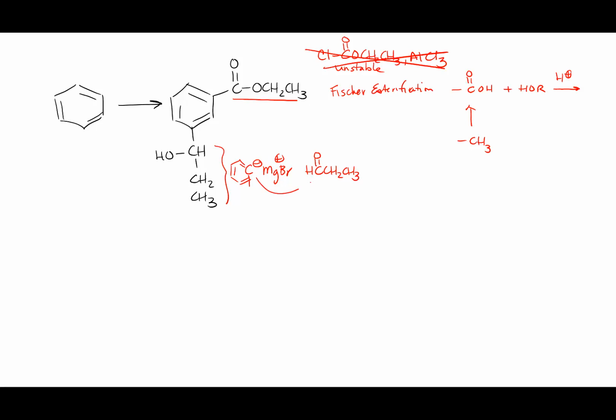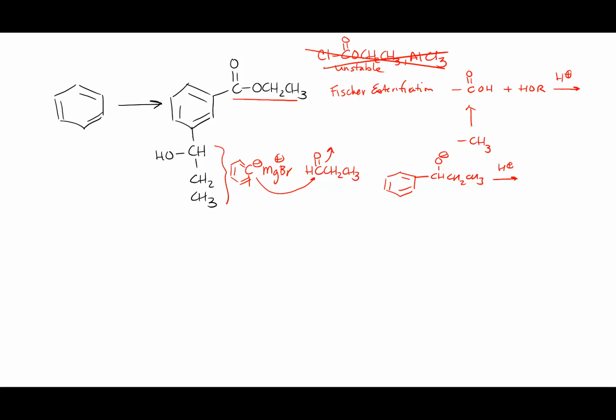It would come in, attack that carbon, and so what would I end up adding? I'd end up having a benzene ring attached to a CH with an O minus on top, a CH2CH3, so that then I could add my H plus to make the final product. So if you want to make an alcohol, easiest thing to do is to take a Grignard and add the aldehyde to it. I know we've just been doing Grignards with CO2, but we can't forget all of those other reactions that we learned this semester when we talked about Grignards.